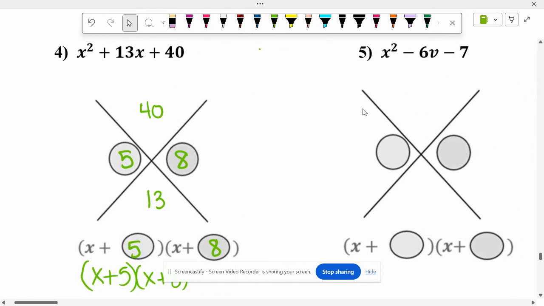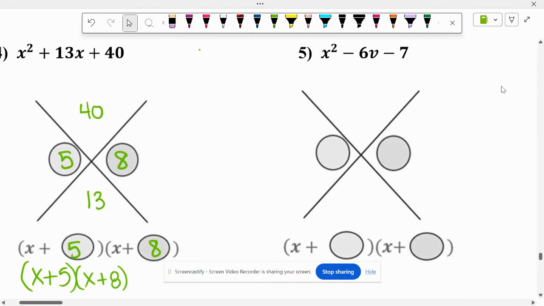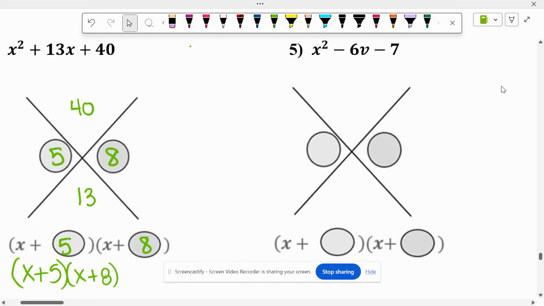Let's look at the next one. What's the value of the top of the X going to be? -7. What's the value of the bottom of the X going to be? -6. What are two numbers that you can multiply together to get a -7?